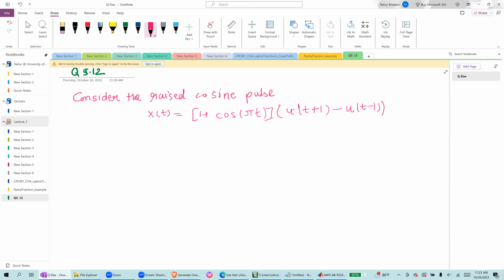Okay, so this is my problem. Part A says carefully plot x of t.